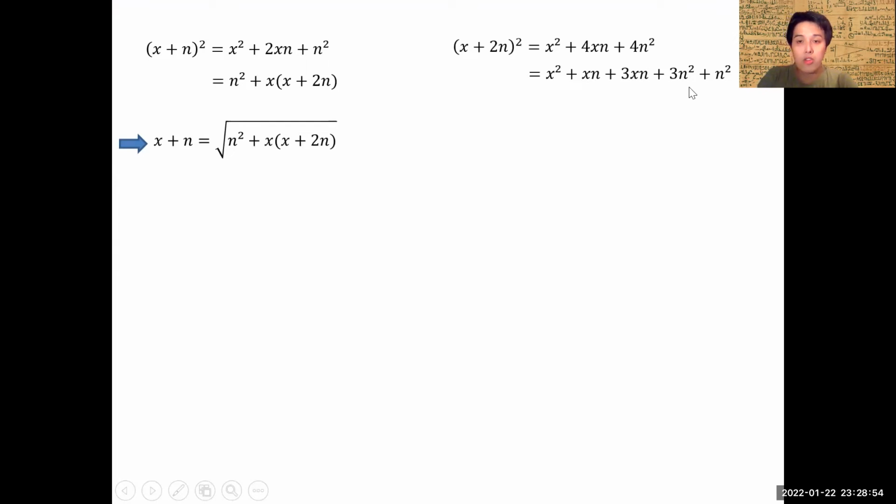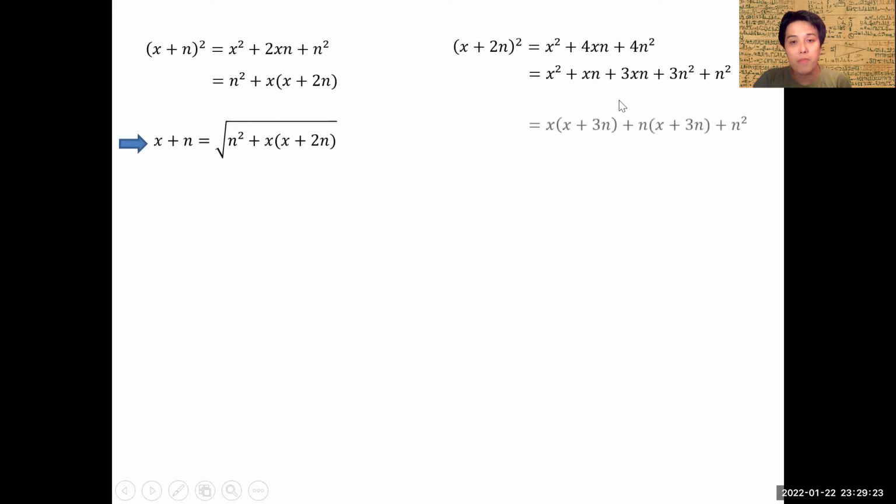For n squared, it is 3n squared plus n squared, so I'm splitting the algebraic terms. Now, x squared I just leave as x squared. And notice what I did here: I split out n squared. Later I'll explain why I split out n squared. In this case, n and 3n squared will give you 4n squared.